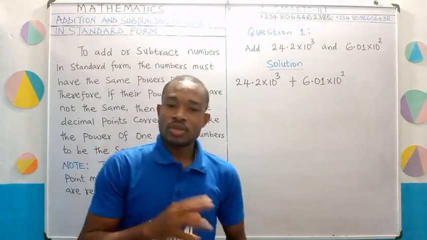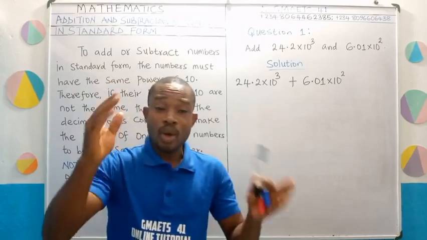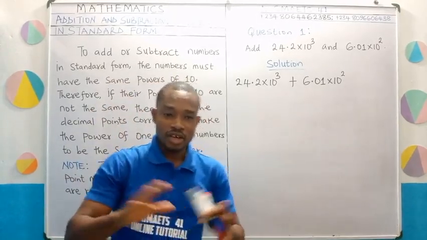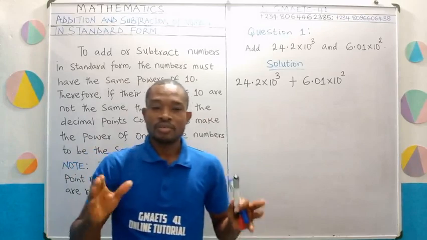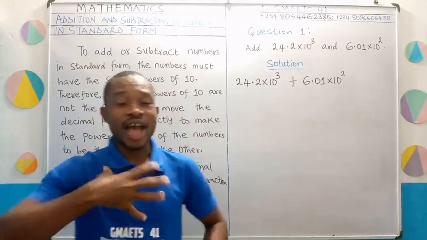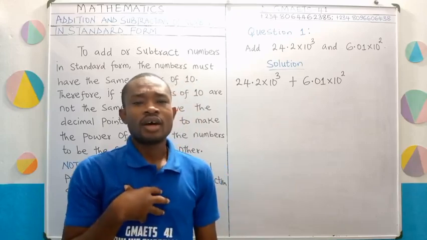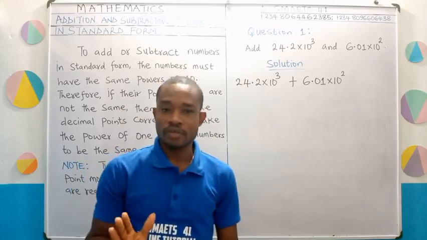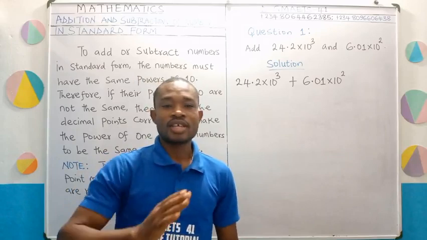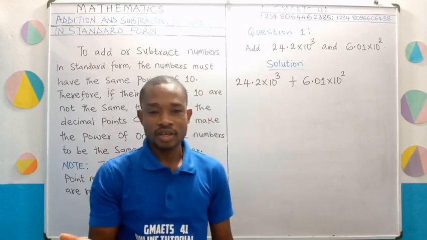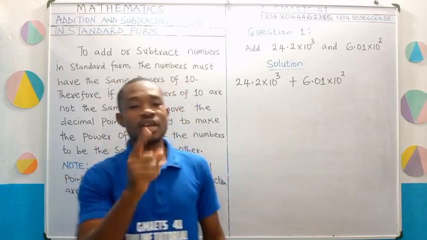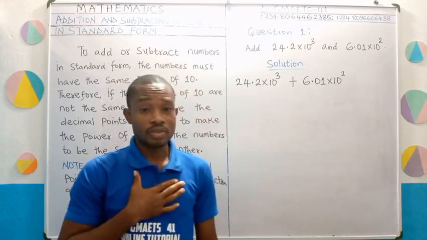If you look at these two numbers you are adding, the powers of 10 there are different. Because the powers of 10 are different, I will decide in which power I am going to solve this problem. Will I decide to solve it in 10 raised to the power 3? Or do I want to solve it in 10 raised to the power 2? That will be my choice, okay?